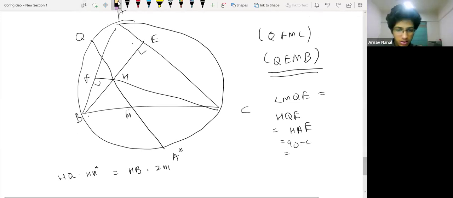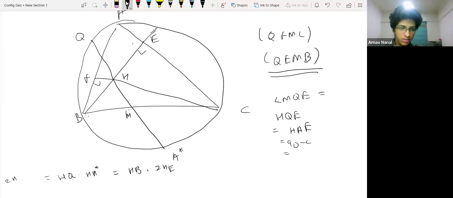Does everyone get this? Maybe just extend this, and this is 2 times HE. So does everyone see why these four points are cyclic?